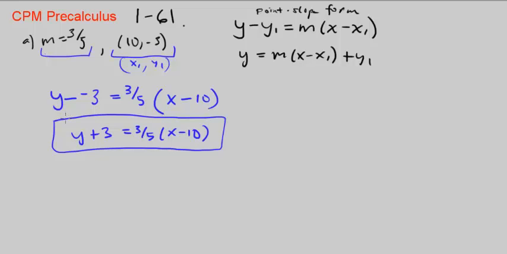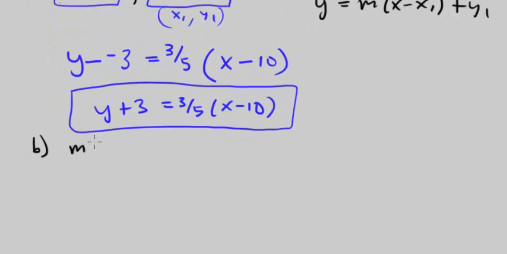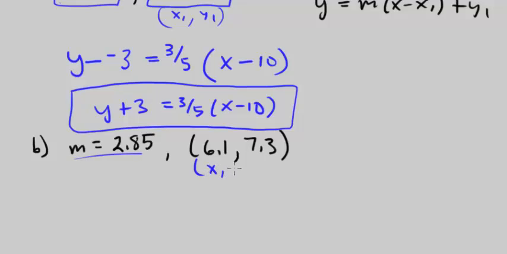Part B asks the same question: find the point-slope form of the line that has a slope of 2.85 and passes through the point (6.1, 7.3). Again, we're given the slope and the point (x1, y1), and we just substitute in y1, x1, and m.